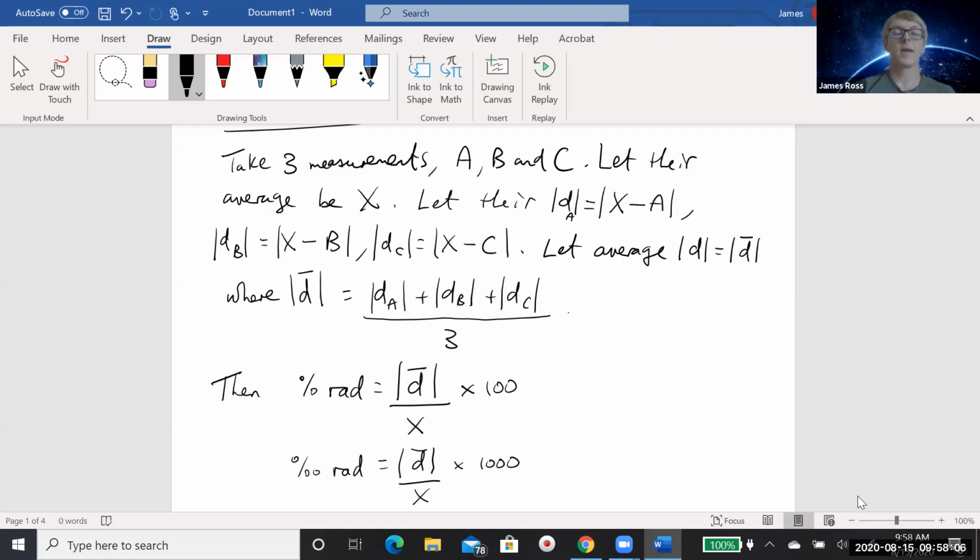Okay. Going from absolute deviation to relative deviation to relative average deviation from the mean, it just gets more and more context embedded.